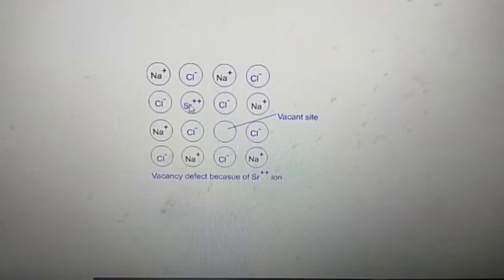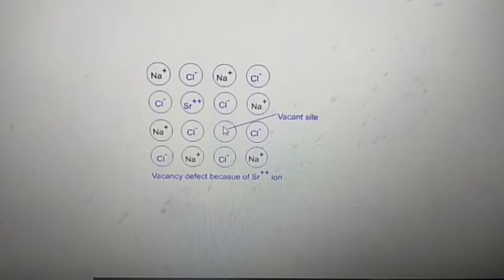So one site of Na plus will be occupied by Sr plus 2, but the remaining one will be vacant. The cationic vacancies produced are equal in number to the Sr plus 2 ions. Here, how many Sr plus 2 ions are there? One ion. So how many cationic vacancies are there? One cation vacancy.